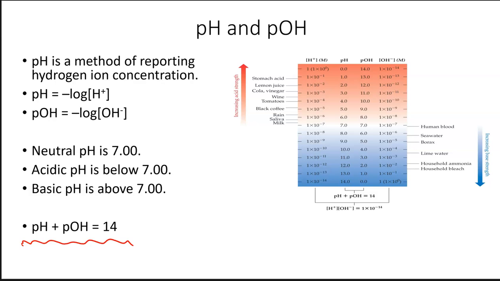But if you know the pH, you can find the pOH. If you know the pOH, you can find the pH. And if you know the pH, you can find the H plus concentration. And if you know the pOH, you can find the OH minus concentration. So pH and acidity and alkalinity are all related through this expression.